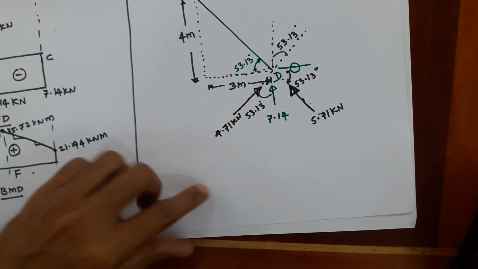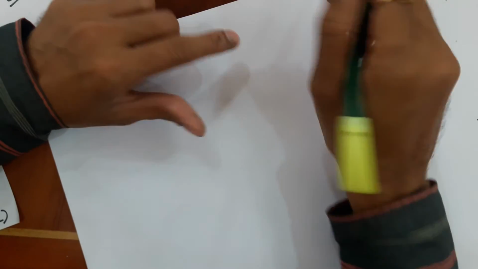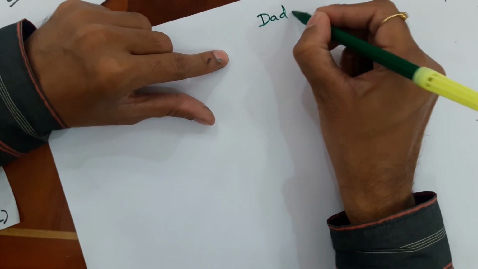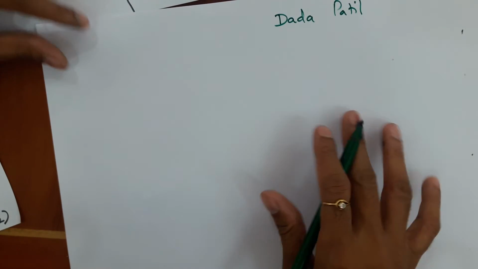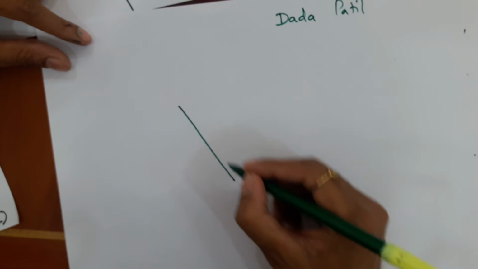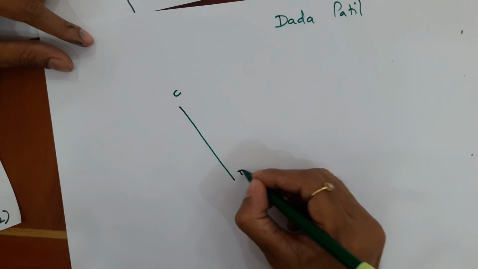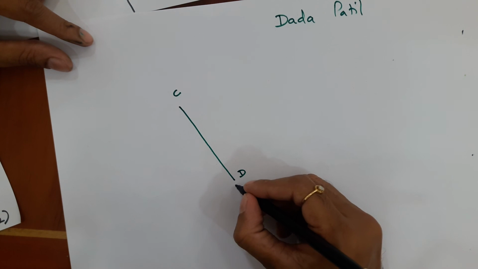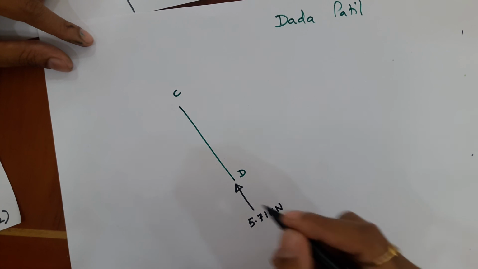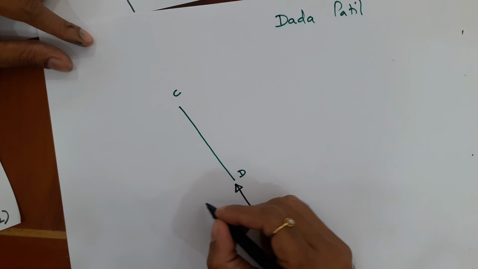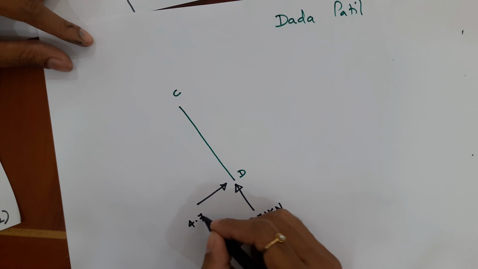Now let me draw the simplified diagram of this. To make it simple, I will again draw the free body diagram of element CD. This is 5.71 kilonewton. This is 4.71 kilonewton.